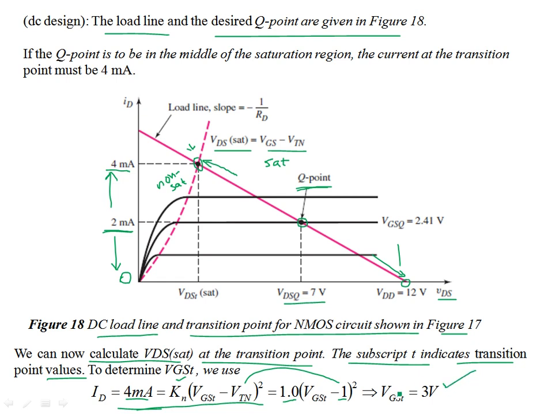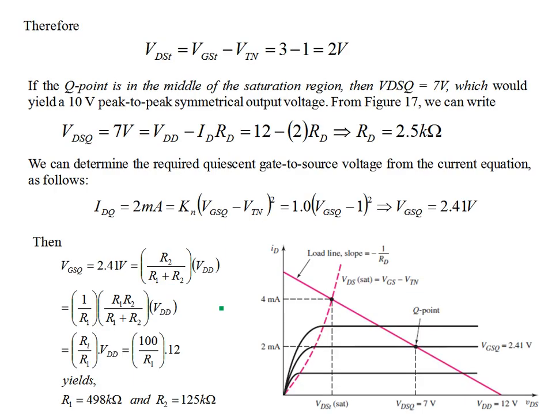The reason for finding this VGST from the IV relationship of the saturation region of transistors is that from VGST you can find VDST, the drain to source voltage at the saturation transition point.